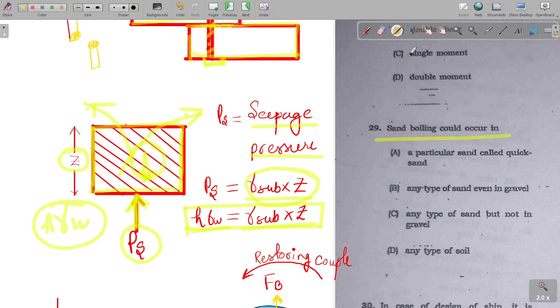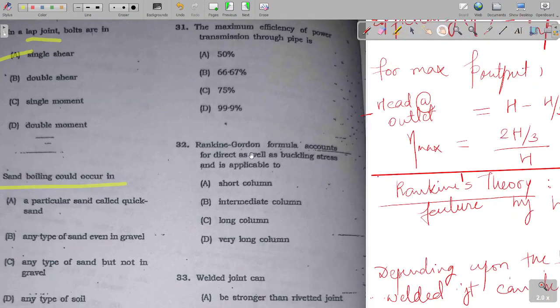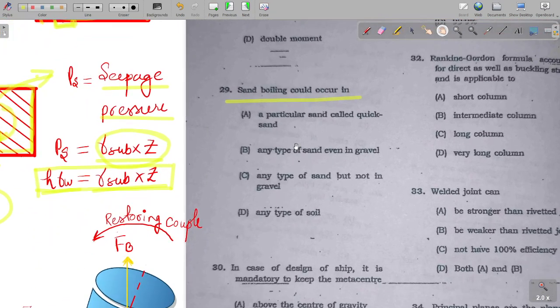This condition takes place only in sandy soil, because there is no cohesion in sandy soil. But in the case of clay soil, there is cohesion also.